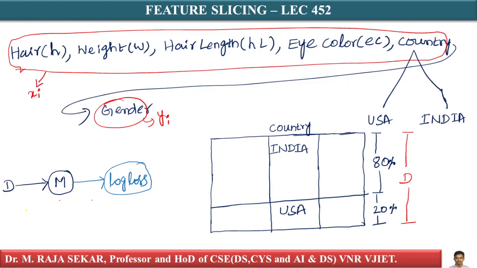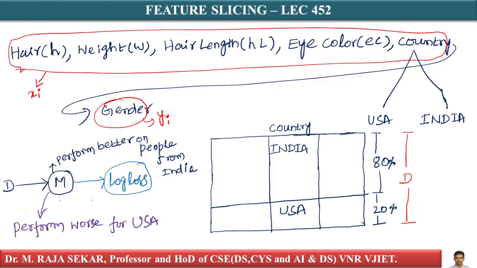In such a case, since your model is predominantly from India, it tries to perform better on people from India because they are the majority. It performs better on India because the majority of data points belong to India. It sometimes performs worse, not always, on the data points from the USA.